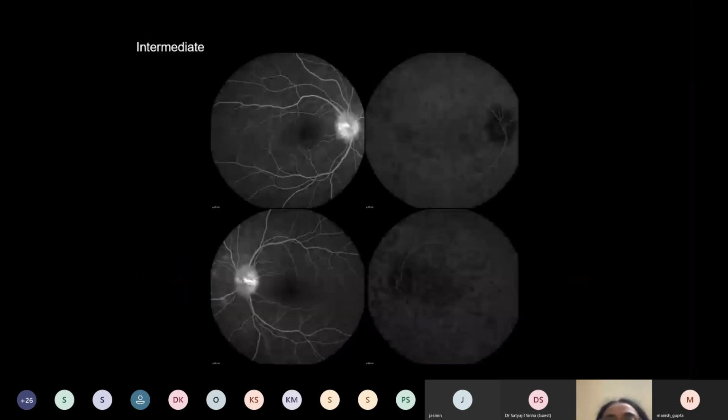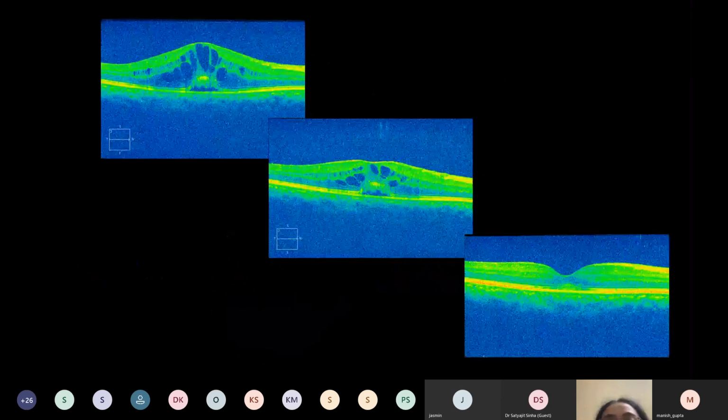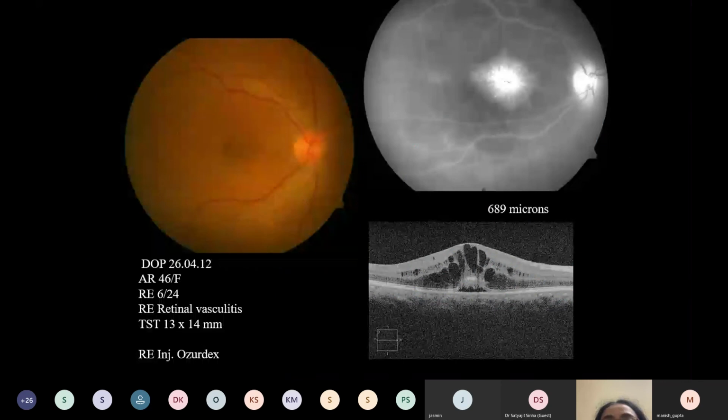Coming to OCT, we know its role in detection and monitoring of cystoid macular edema. This is the spectral domain, and this is following Ozurdex implant as an adjunct to fluorescein angiography.